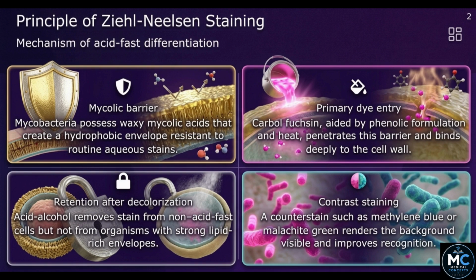Carbol-fuchsin, aided by phenolic formulation and heat, penetrates this barrier and binds deeply to the cell wall. Retention after decolorization. Acid alcohol removes stain from non-acid-fast cells, but not from organisms with strong lipid-rich envelopes. Contrast staining. A counterstain such as methylene blue or malachite green renders the background visible and improves recognition.